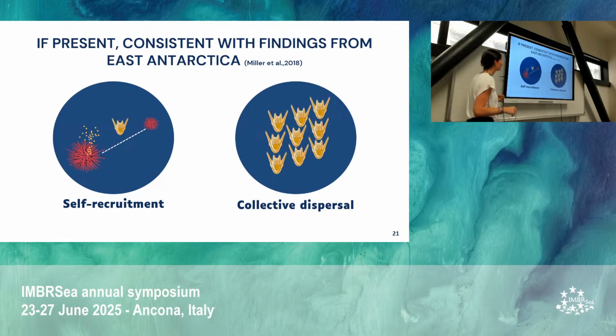And they also found that the larvae, because they used larval samples, which we did not, were collectively dispersing, so they were spawned at the same place and then traveling maybe collectively and settling at another place, which can promote that kind of fine-scale genetic structuring.